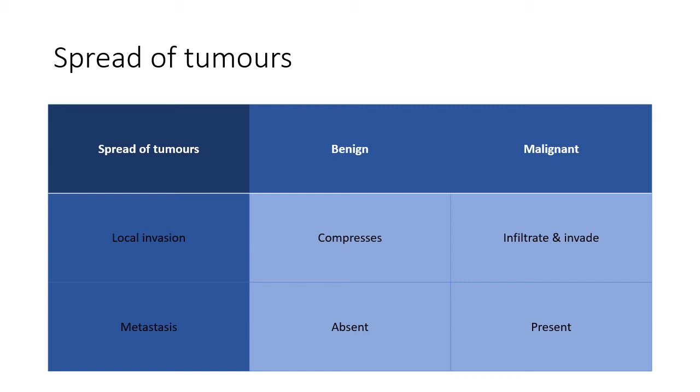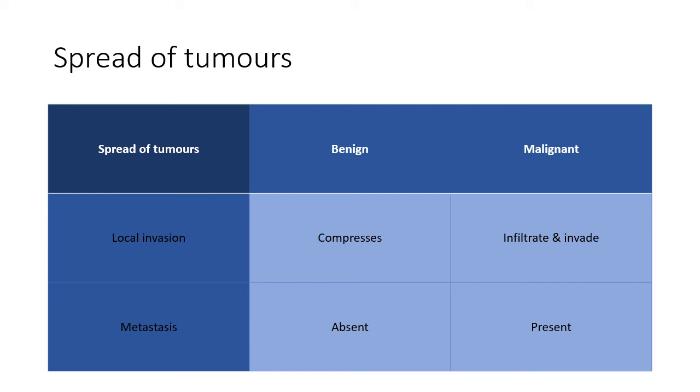As far as direct or local spread is concerned, we saw this already. The feature of benign tumor is it expands and pushes aside the surrounding normal tissues, but it does not invade or infiltrate the nearby tissues. That is the feature of benign tumor.